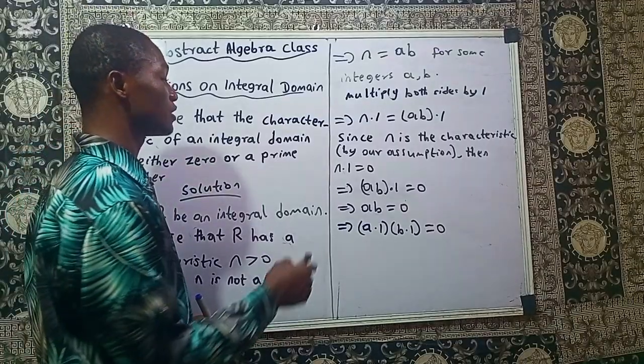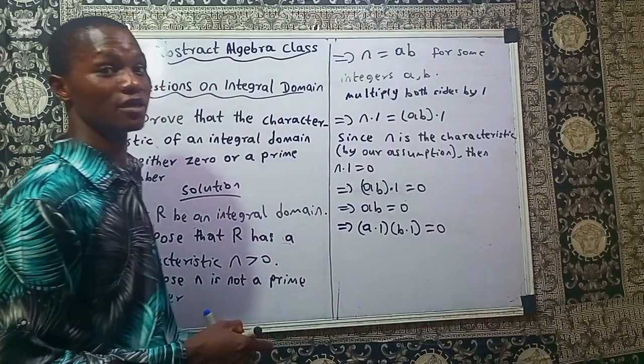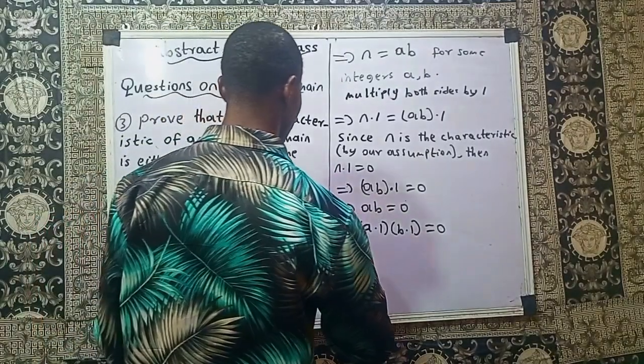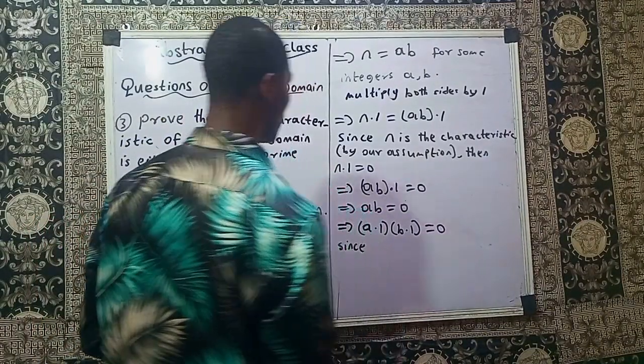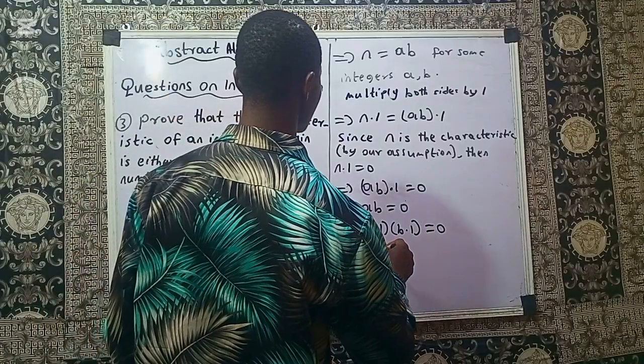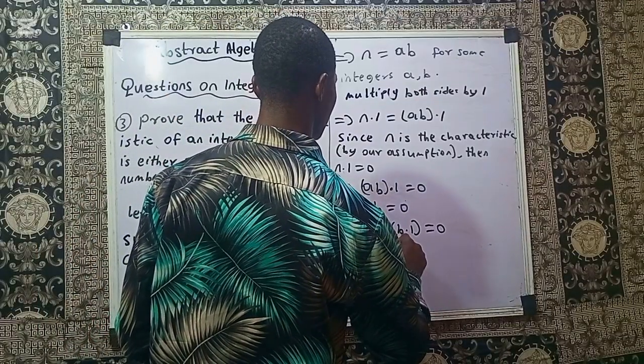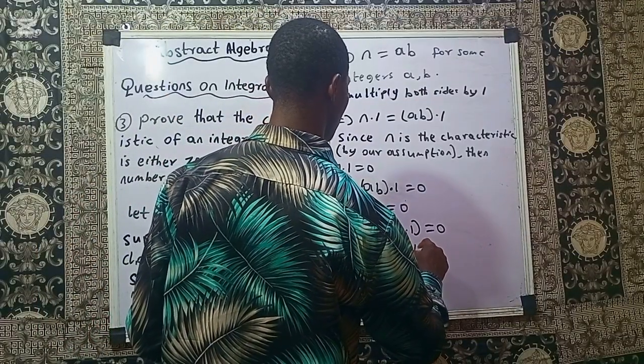But we know that a is less than n, since n is equal to ab.